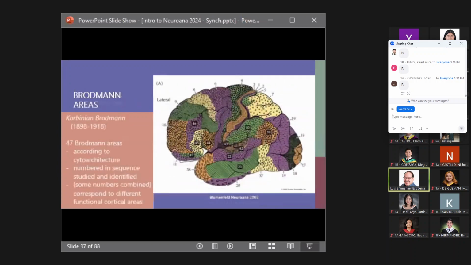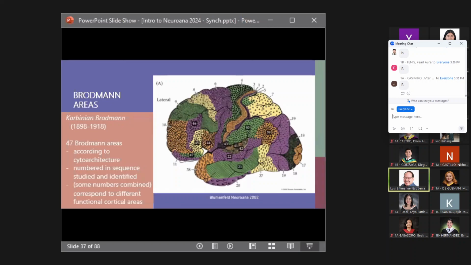Related to the functional cortical areas are the Brodmann areas. This is named after this neuroanatomist, Korbinian Brodmann. He did the histology of the cerebral cortex and saw particular patterns in particular areas of the cortex. He numbered them in the order that he identified them, so he identified 47 of them.